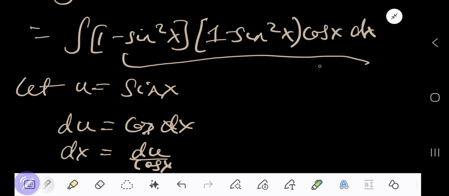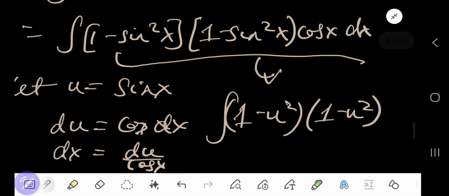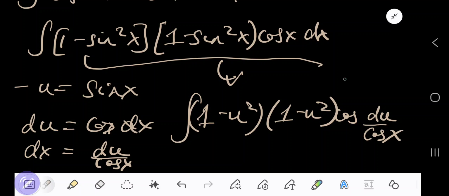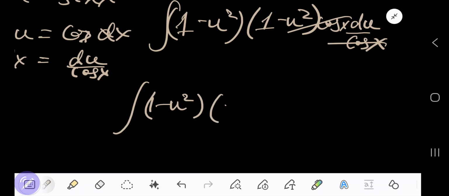So solving this whole thing, substituting the values, we get 1 minus u squared times 1 minus u squared times cosine x times du over cosine x, because dx was du over cosine x. So these both cancel. All you have to integrate is 1 minus u squared times 1 minus u squared du.